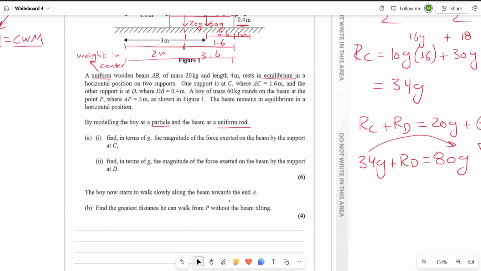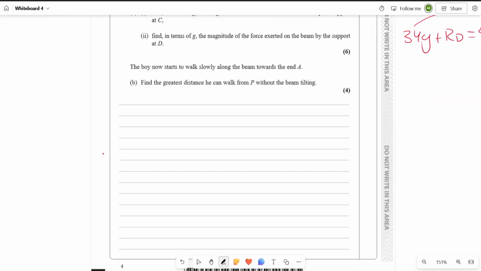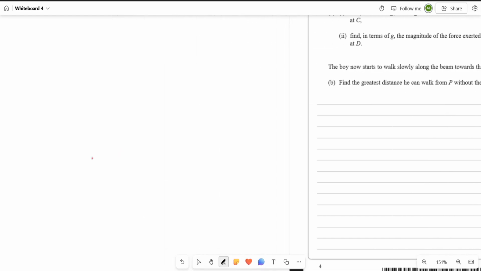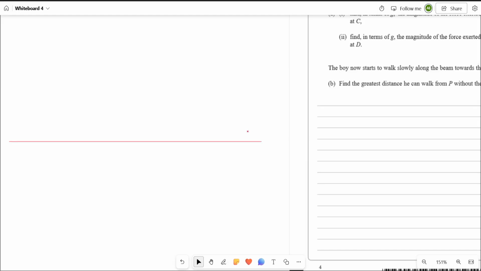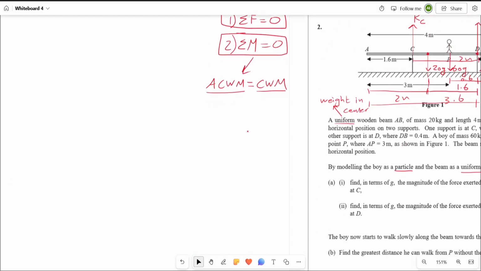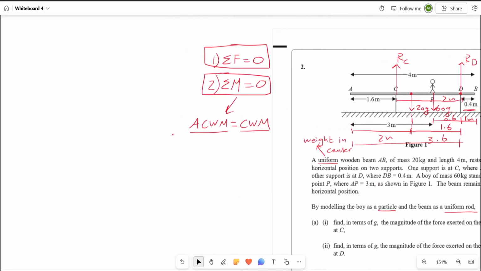So what I'm going to do in this question, actually, I'm going to draw the whole thing. Let me draw it over here. I'm going to draw it nice and big so we can understand what's happening.